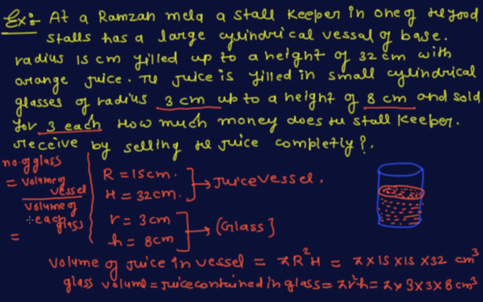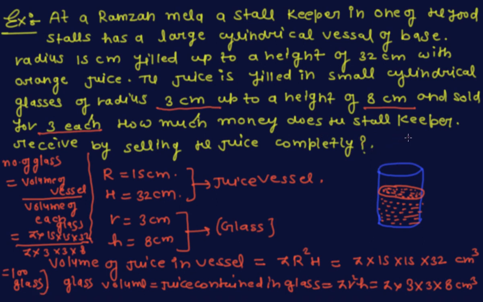This is equal to pi into 15 into 15 into 32 upon pi into 3 into 3 into 8, which is equal to 100 glasses. So the juice keeper sold a total of 100 glasses.